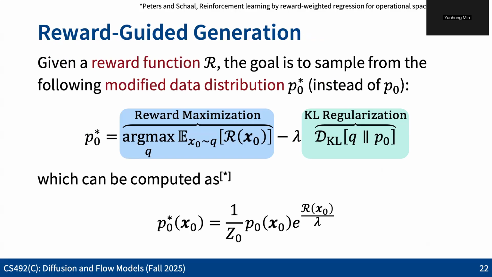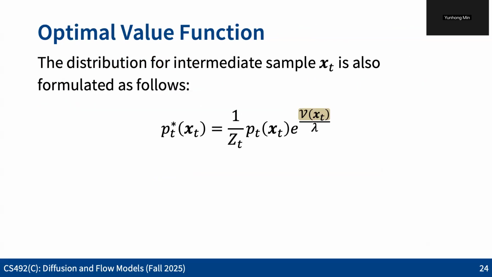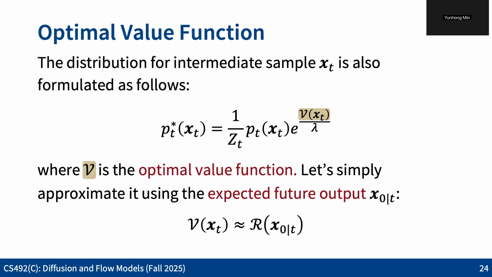And we are mimicking this: now we are computing the reward for the expected output from the xt. So that can be considered a good approximation for the optimal value function. This is quite similar to what we have done for the DPS case, right? We also need to approximate the score function of xt with the score function of x0, using Tweedie's. So we are doing the same thing in the RL-based formulation.